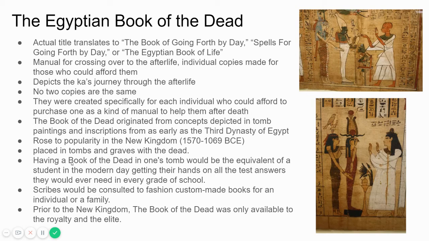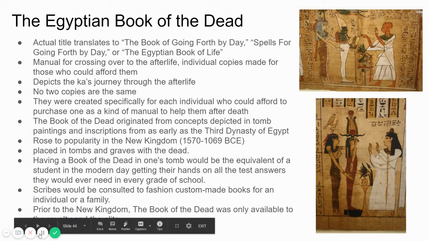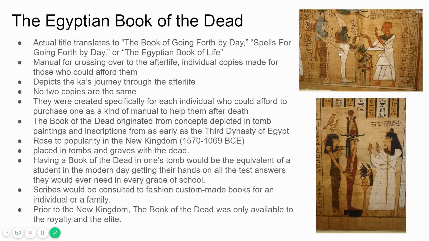They are made specifically by request for each individual, but they were expensive. So they're usually a little more for the elite, or at least the people that could afford to have one made for them.